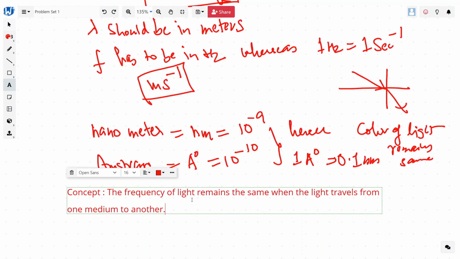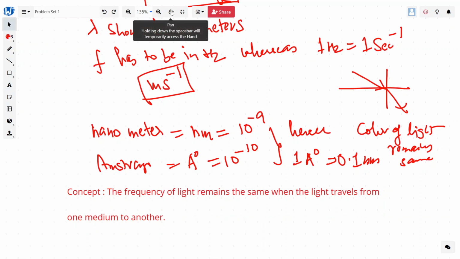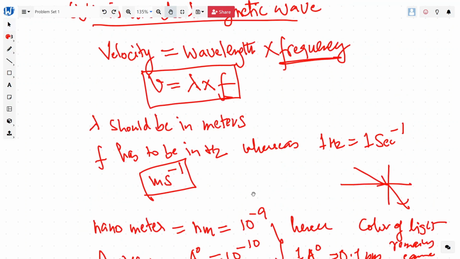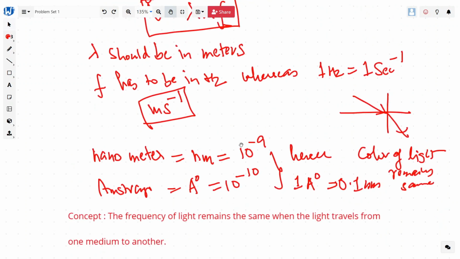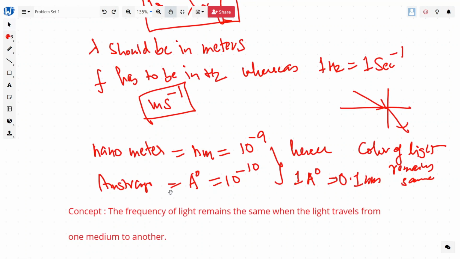Of course, the velocity changes, so does the wavelength, so that in this equation which we wrote here, velocity is equal to wavelength into frequency, the wavelength will decrease as the velocity also decreases from one medium to another.